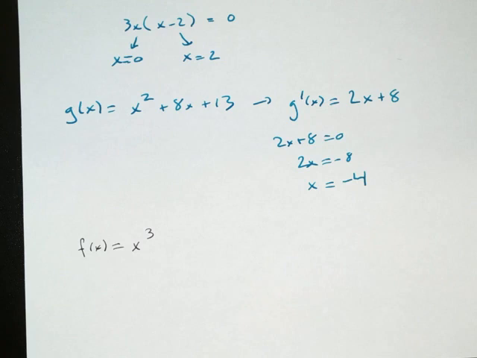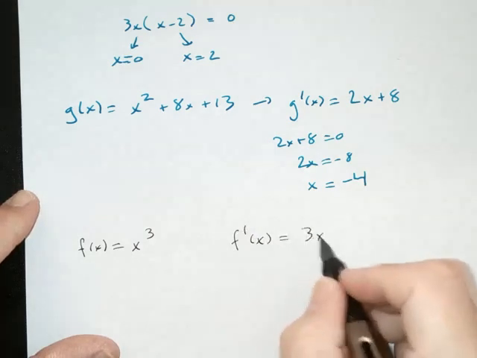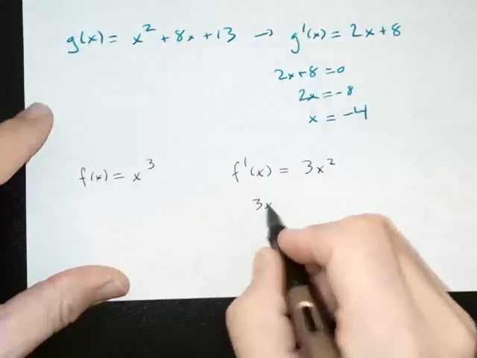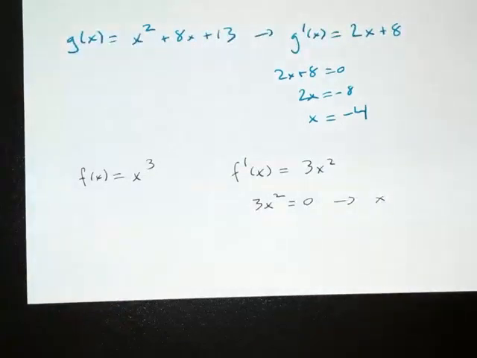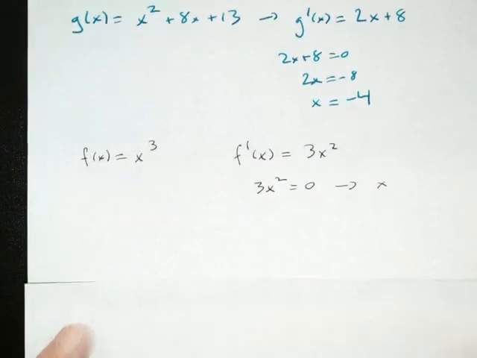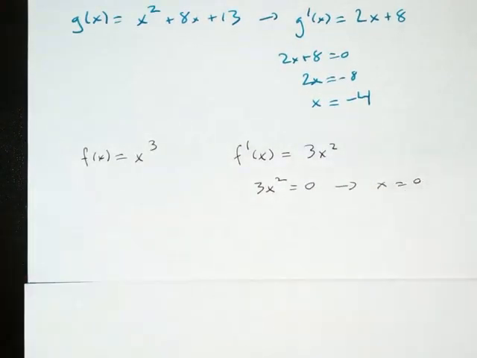Well, I look where the slope of the tangent line is 0, which means I look at the derivative. If I want 3x squared to be equal to 0, what's my x value? So I should have a horizontal tangent line when x is 0.